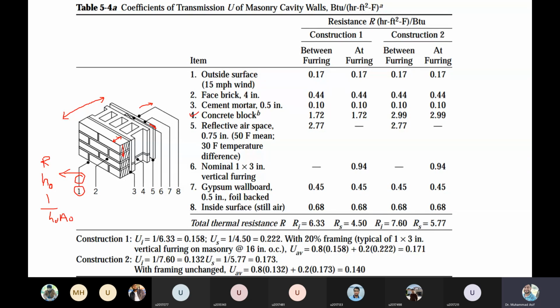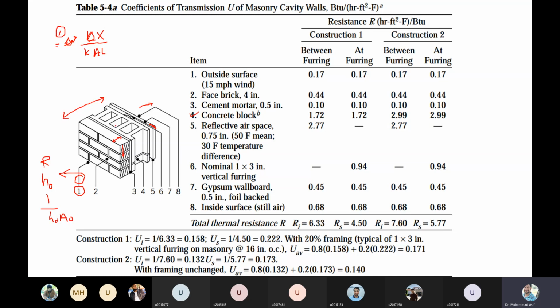One method is the calculation method, where you use the formula delta X divided by KA. So if you know the length of the wall, the thermal conductivity, and the thickness of the wall, you can calculate the resistance of that brick, right? This is the first method.